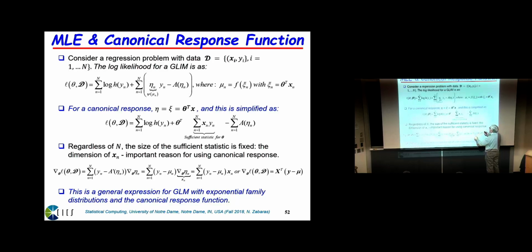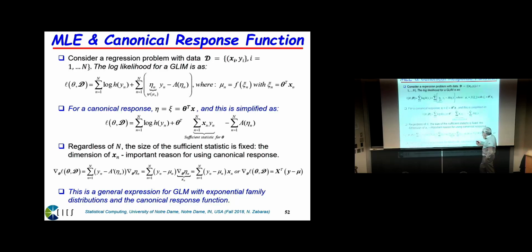You remember we said it is the moment mu? Yes? And then we have the derivative of eta with respect to theta, but eta is the same as xi, and xi is theta transpose x, so you get an x. So the gradient of the log likelihood is basically the summation over data points of yn minus mu n times xn.